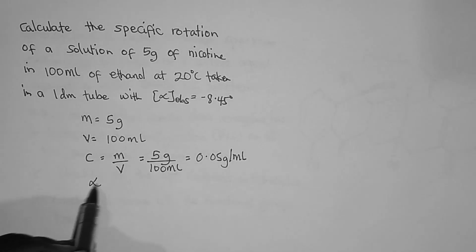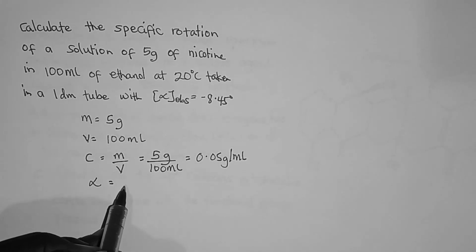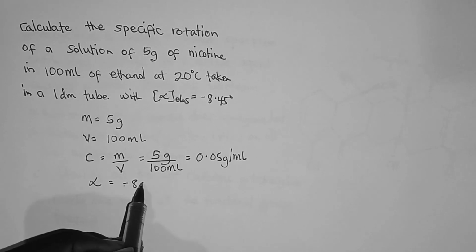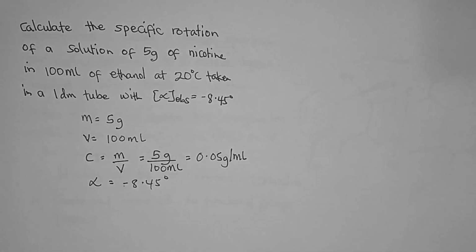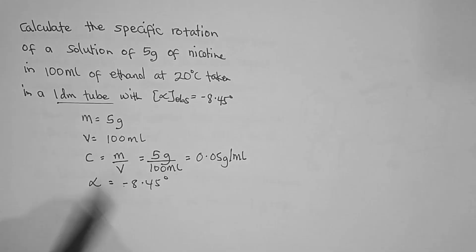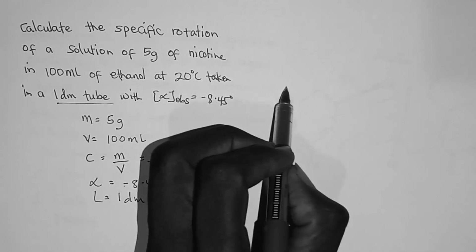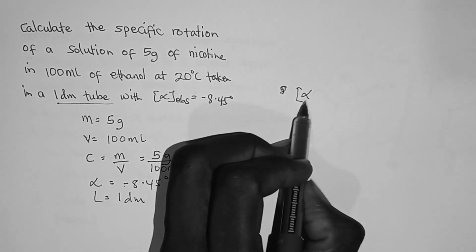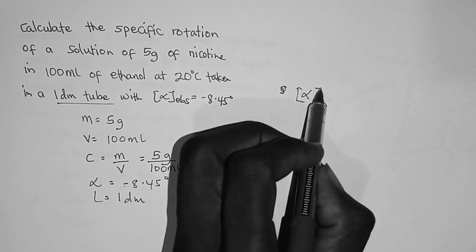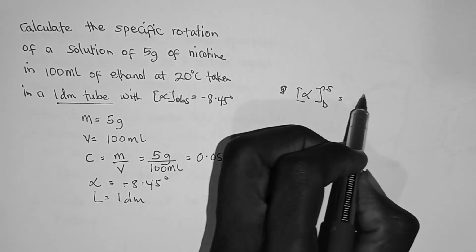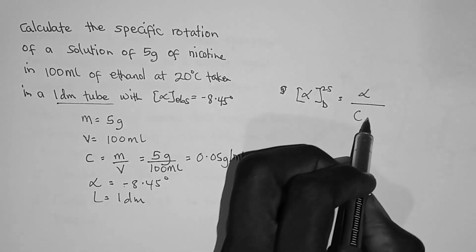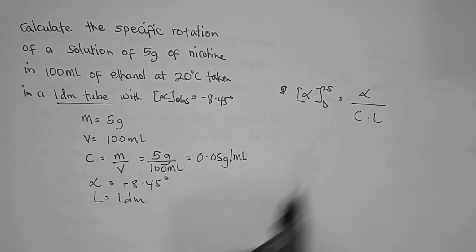Now, the observed rotation that we're given is minus 8.45 degrees. And so we can go ahead and calculate the specific rotation. We're given a path length L of 1 decimeter, and we know that the specific rotation is equal to the observed rotation over concentration times the path length.